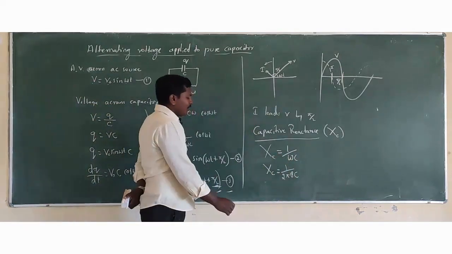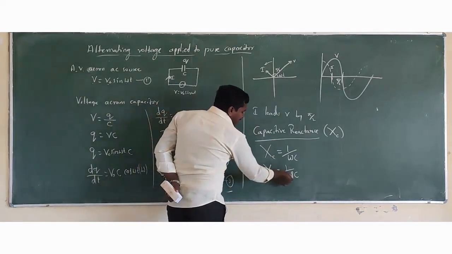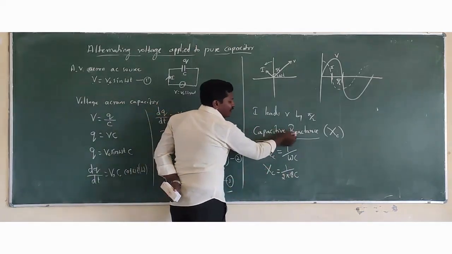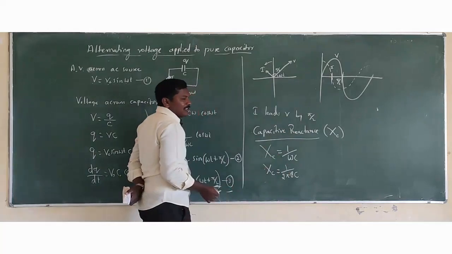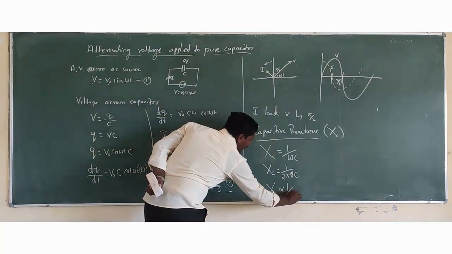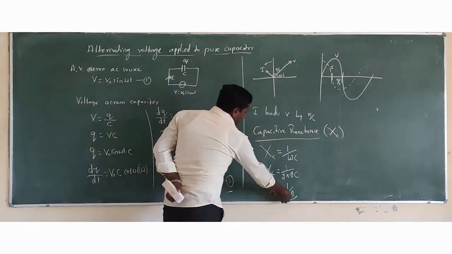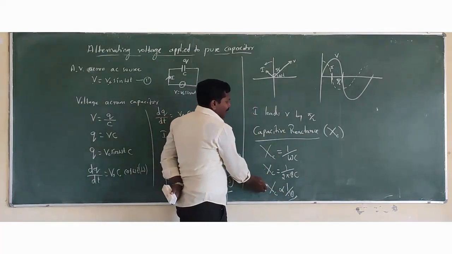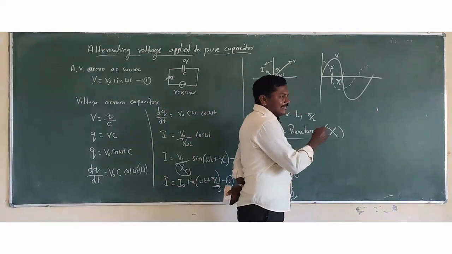So we are going to observe the relation between capacitive reactance and the frequency. The capacitive reactance is inversely proportional to the frequency. As the frequency increases, the capacitive reactance goes on decreasing.